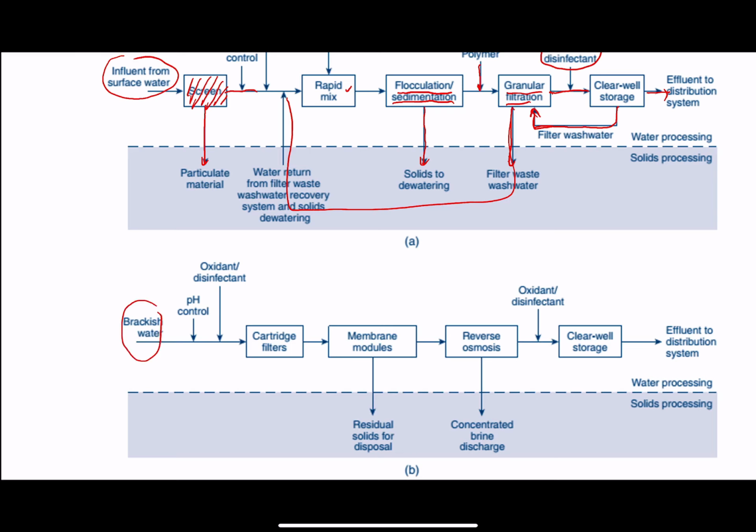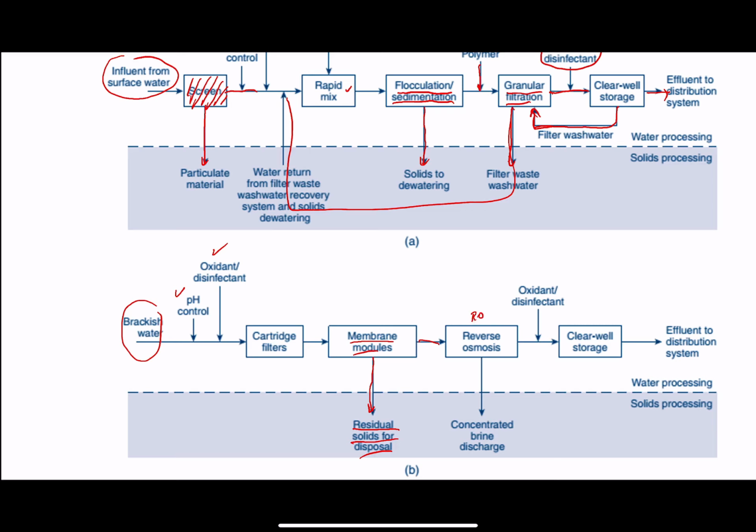First, you can see here, they do pH control, oxidation disinfection, and then they will start with a cartridge filter. Later on, they will have membrane modules like nanofiltration, ultrafiltration. And of course, anything that will be trapped by the membrane will be disposed of as solids. And then later on, you'll have RO, reverse osmosis.